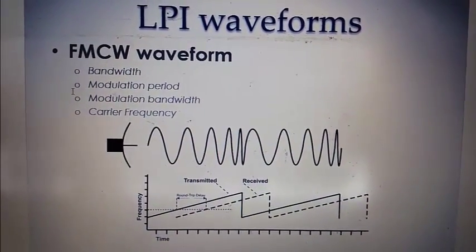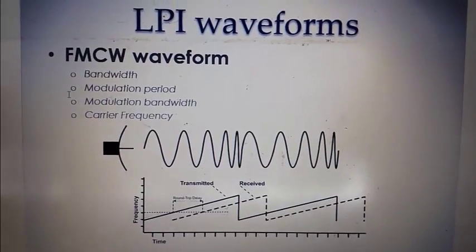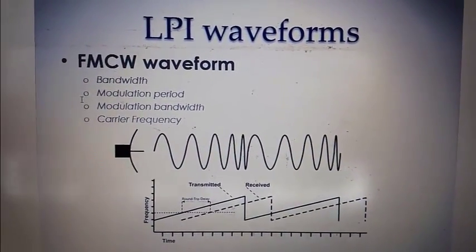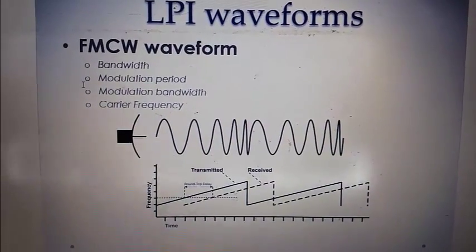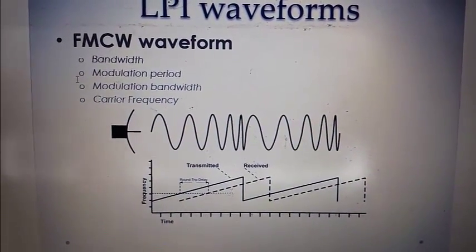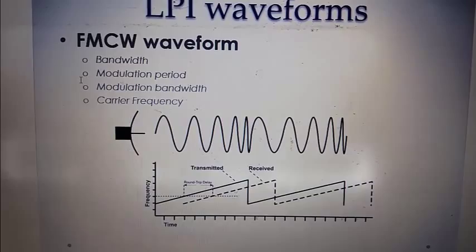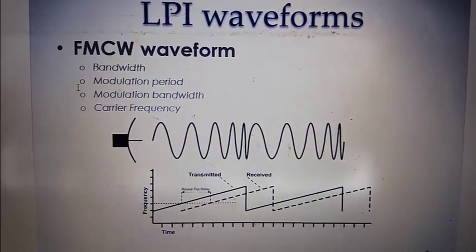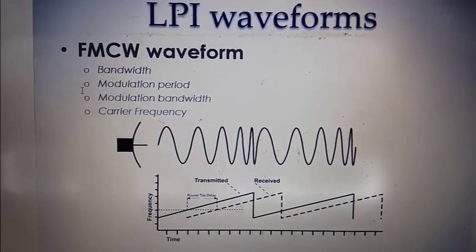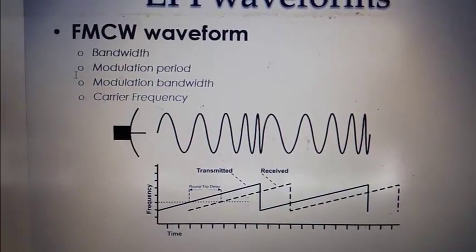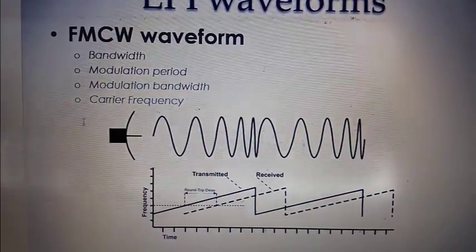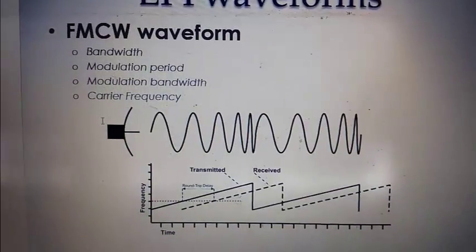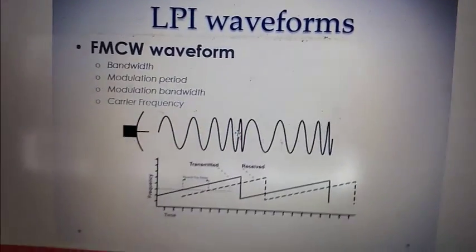The key parameters needed to detect it are the bandwidth, modulation period, modulation bandwidth, and the carrier frequency. Bandwidth is the range of frequencies that are used in the signal, which I will show in a later slide, just like I showed in the presentation today.